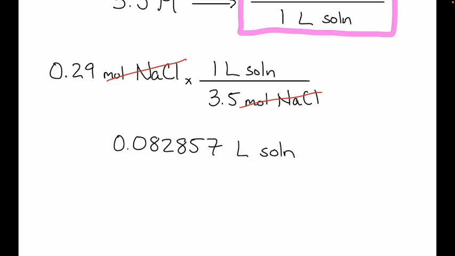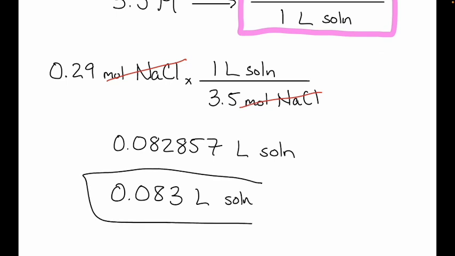All right, and then my last step, sig figs. How many sig figs am I going to round to? 2. So final answer, 0.083 liters of my solution. That's how much I'm going to need to take from my big bottle in order to do my reaction that requires 0.29 moles of that solute, that sodium chloride.